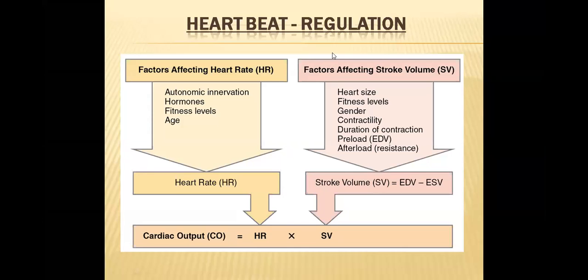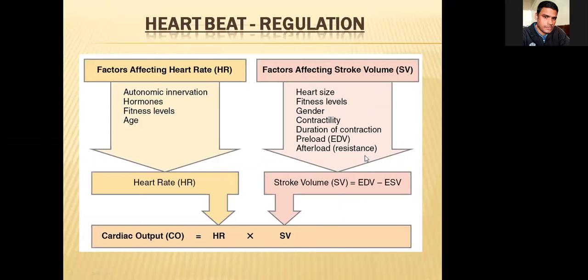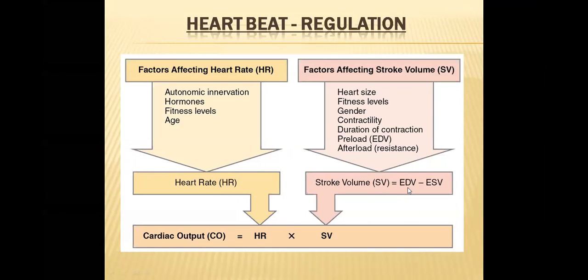End diastolic volume has the maximum amount of blood, at the end of the diastole. At the end of the systole, the minimum amount of blood will be there. The difference between these two values makes the stroke volume. In each stroke or each heartbeat, the amount of blood going out of the ventricles is called stroke volume.